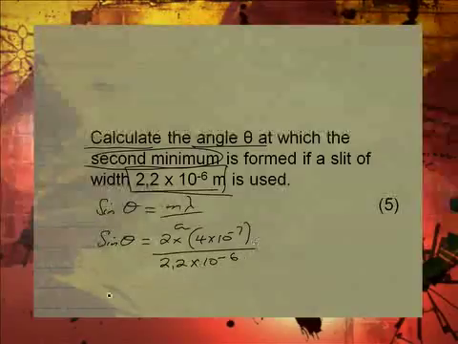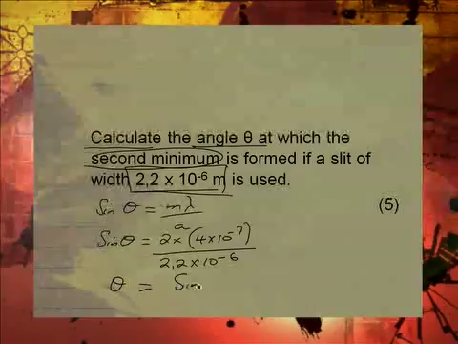And then whatever you find here, theta will be the sine inverse of whatever value you get there, and then you have your angle. You have answered your question. So this helps you to see how you make use of Huygens' principle to solve problems related to diffraction.